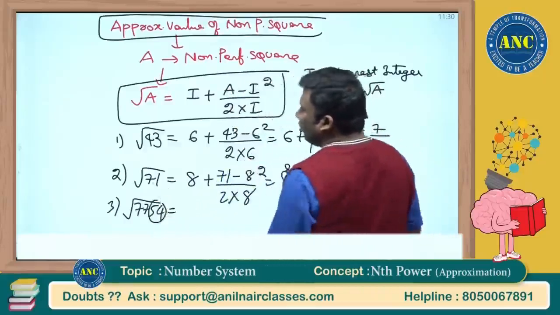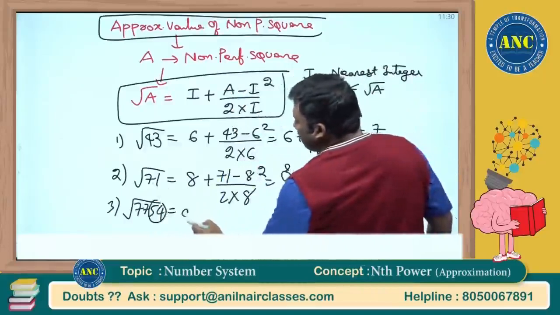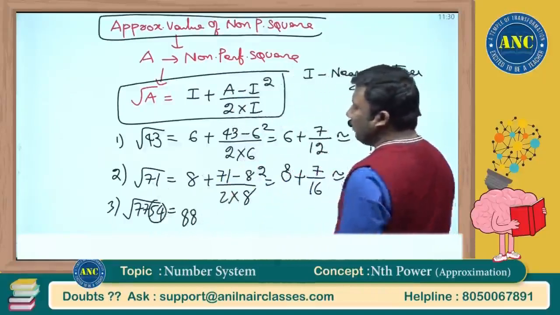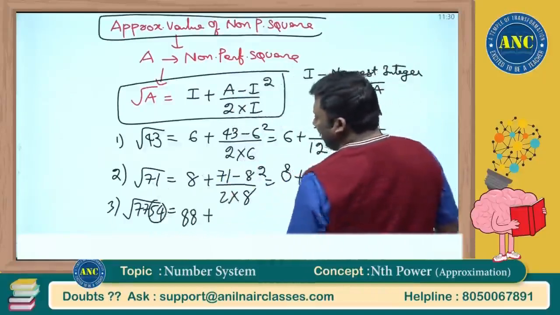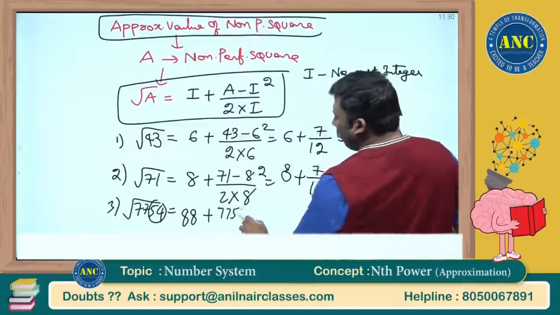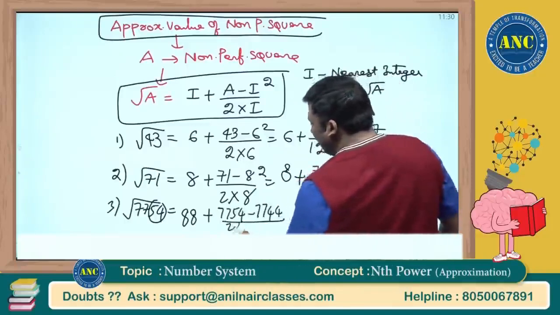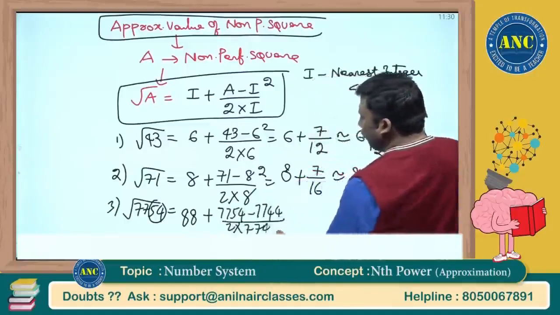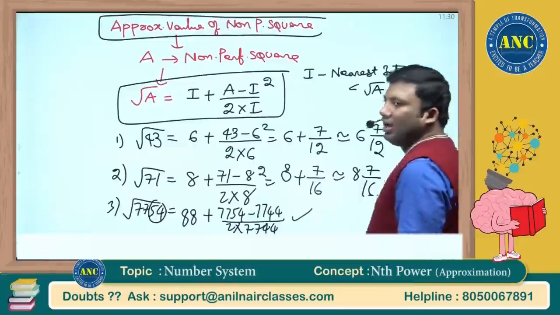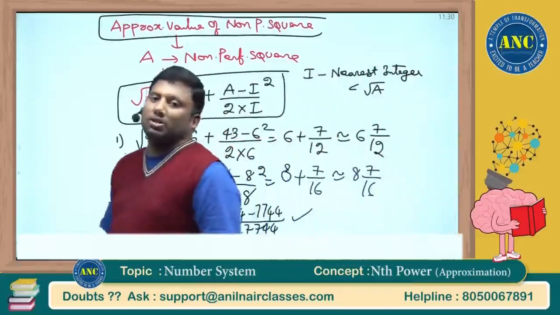It is 4 into 13 plus 2. 88 square is just less than 7754. So 88 plus 7754 minus 88 square, which is 7744, divided by 2 into 88. This will give you the 88 point approximated value.